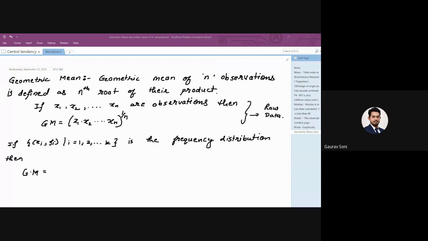So it means that the observation xi is repeated fi times. Now, how can we write down the formula?